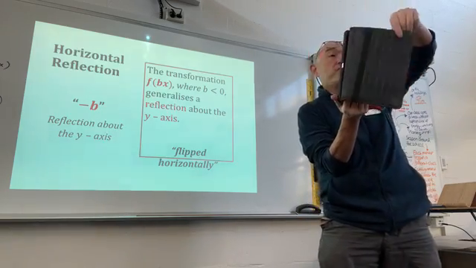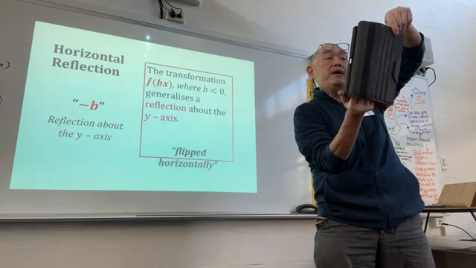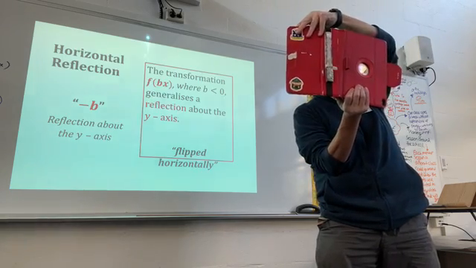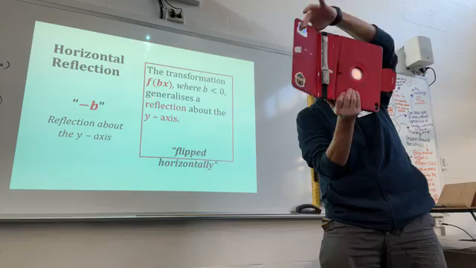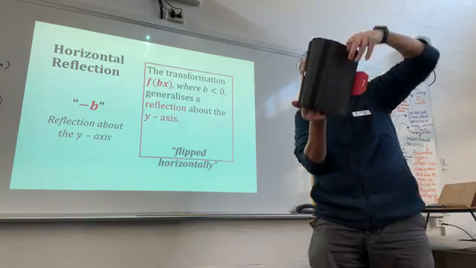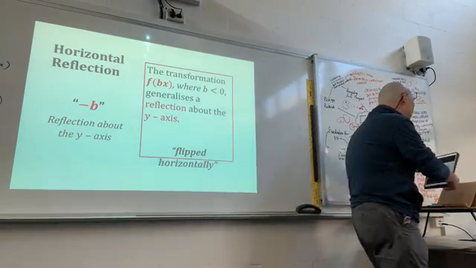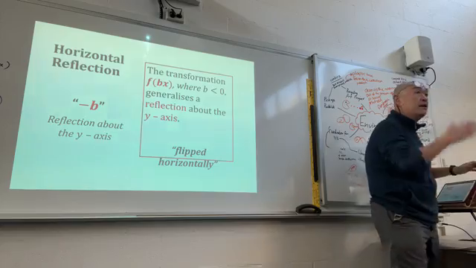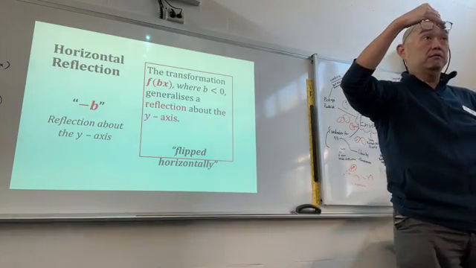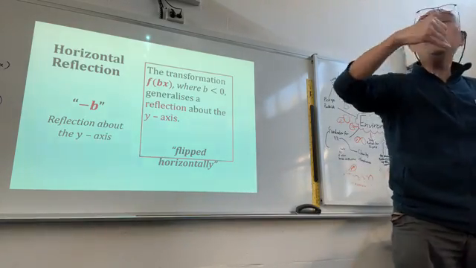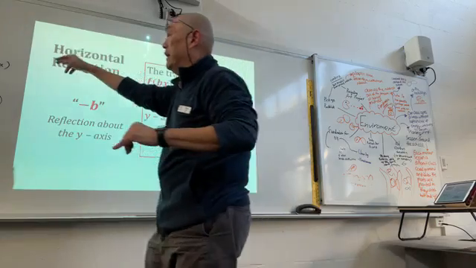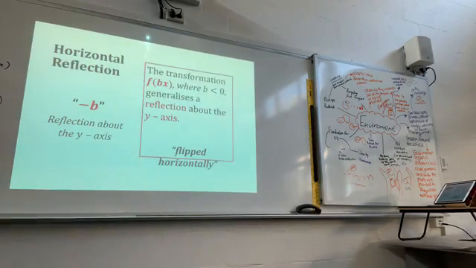So from here, it's flipping negative to that way. Or from here, it's flipping from there to here, negative. So what it does is actually only affect the x coordinate. All right? b only affects the x coordinate. Think about it that way. b only affects the x coordinate.